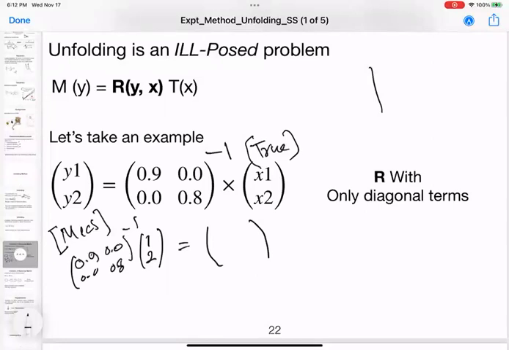Okay, can you confirm whether this number is 1.11, and this number should be 0, this number 0.0, and 1.25? Can someone confirm these numbers?